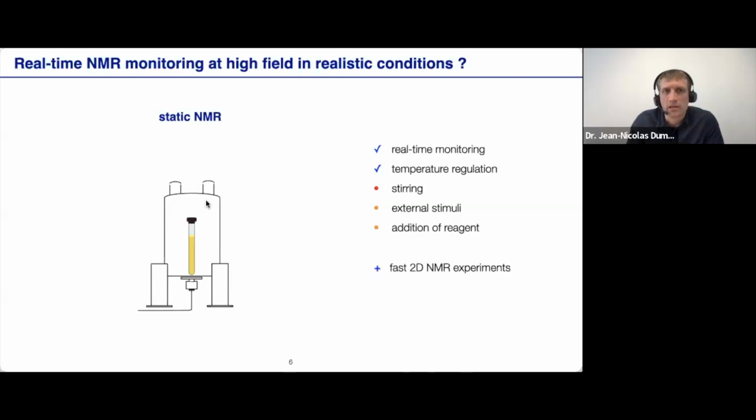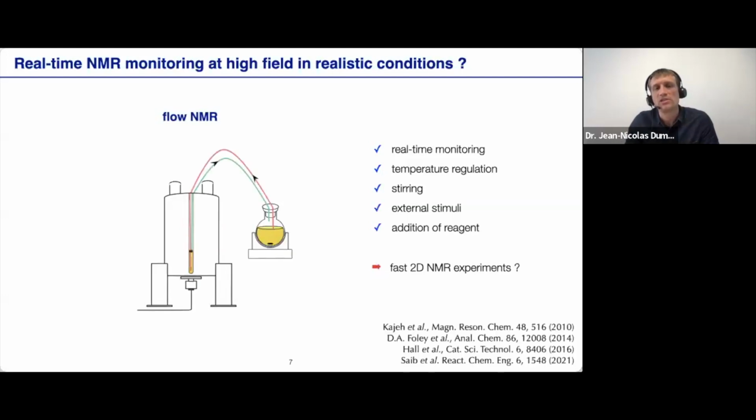So the reaction conditions within the NMR spectrometer do not necessarily faithfully replicate what would be done under the fume hood. One possible approach to tackle this problem consists of using online reaction monitoring based on flow NMR.